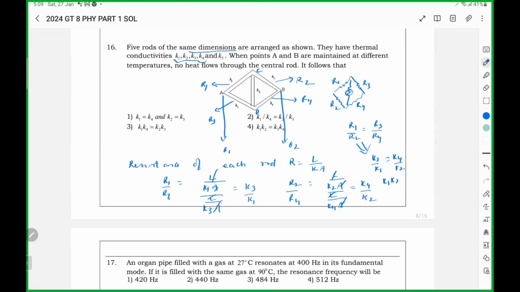That is K3, K2 equal to K1, K4. So K3 by K1 is equal to K4 by K2. The third option is correct.